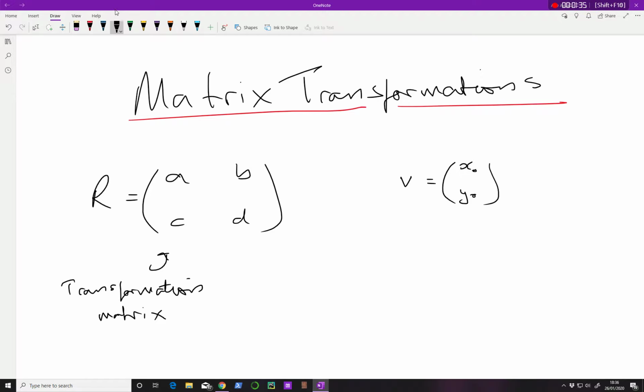So algebraically, I could write R dot V, and that will give me some version of V, which has either been rotated, or it has been enlarged, or it has been reflected.